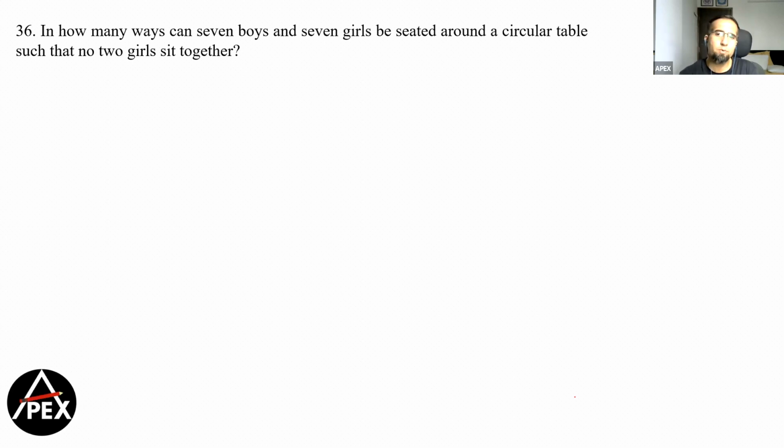There's a lot of difference between linear and circular. Divided by 2 because in a garland or a necklace, the clockwise and anti-clockwise directions are the same. Therefore, we divided by 2.